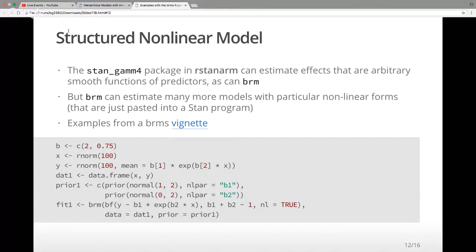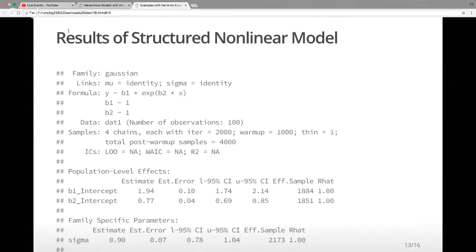You have to specify nl equal TRUE for some reason to tell brms that this is a nonlinear formula. You'd think that might be self-evident, but you have to specify nl equal TRUE. And then, what was your data? What was your prior? You get back this thing. And Stan doesn't really care if your mean function is linear or not. It's drawing from the posterior distribution of all the unknowns either way.